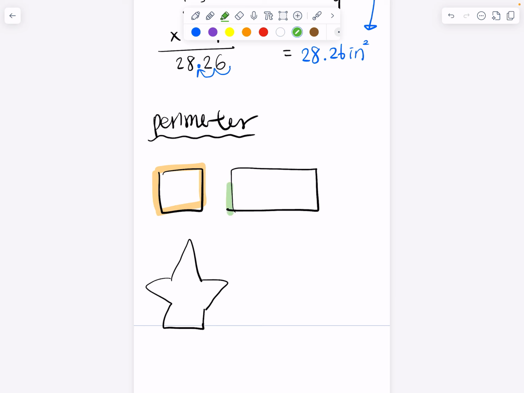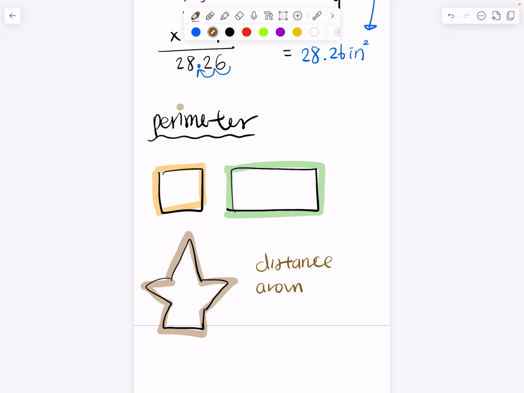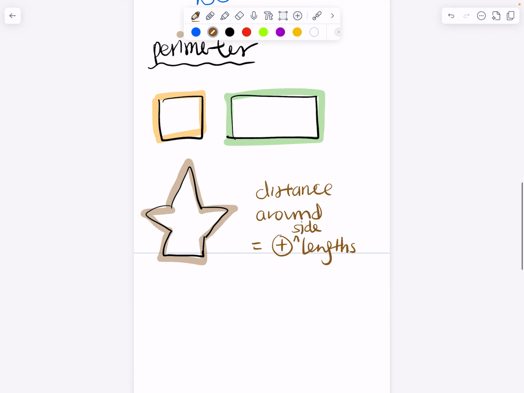Finding the perimeter of a figure means finding the distance around it. Distance around. It means you're adding all the side lengths. That's what it means.